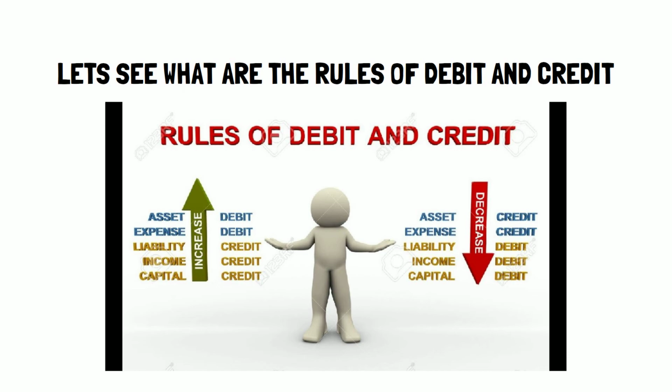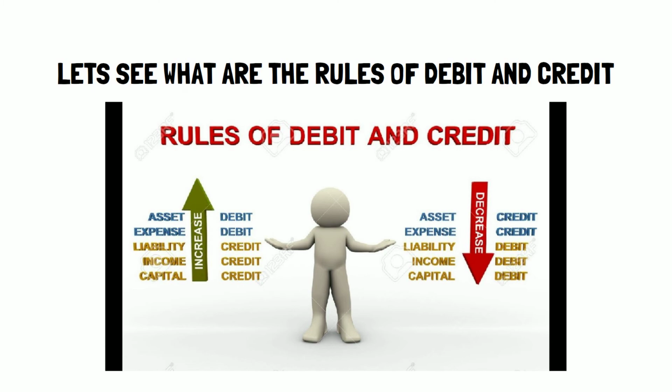It means if the rest of the accounts increase, it will be credit, and when these accounts decrease, it will be debit. So to remember that easily, just remember that if asset and expenses increase, then it will be debit, and the rest you can automatically manage.